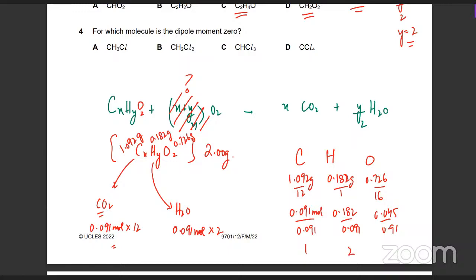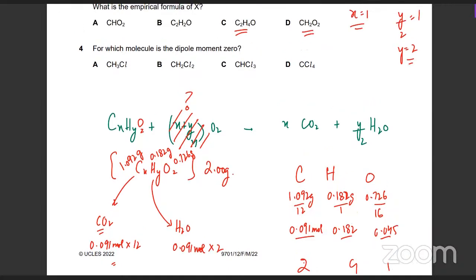Is it 0.091 or 0.045? It's actually 0.045. That's the smallest. You divide everything by 0.045. So you're going to get, I think, 2, 4, and 1, right? Yes, 2, 4, 1. So that's going to be C2H4O.